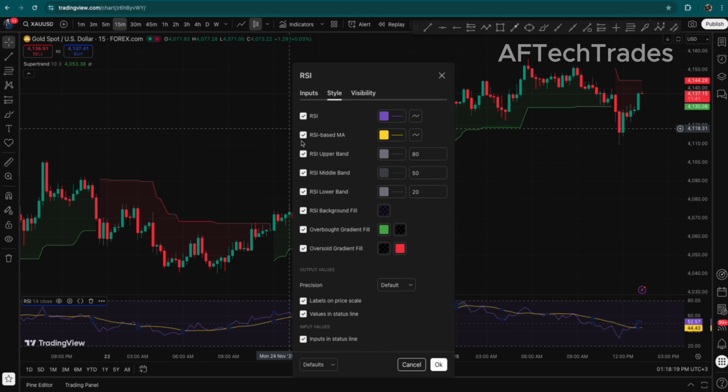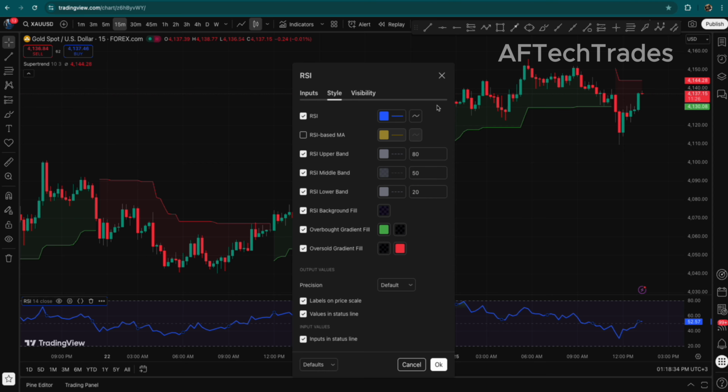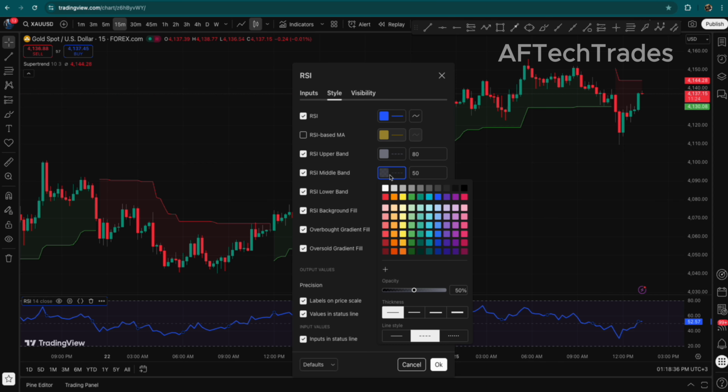You can remove this RSI base EMA. You can change this to any color of your choice. You can increase the thickness of the line. And your 50 line, because the rule on this, we're using the 50 line, the middle line. So you need to make it more visible.